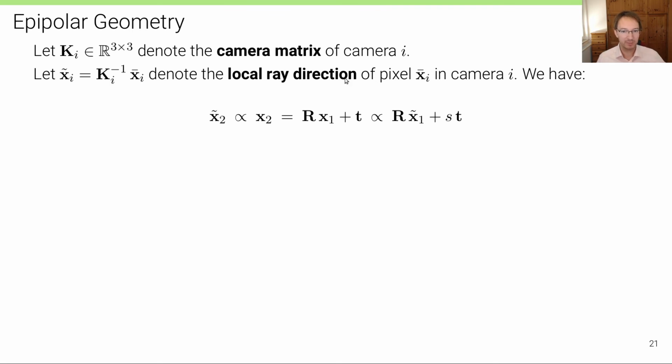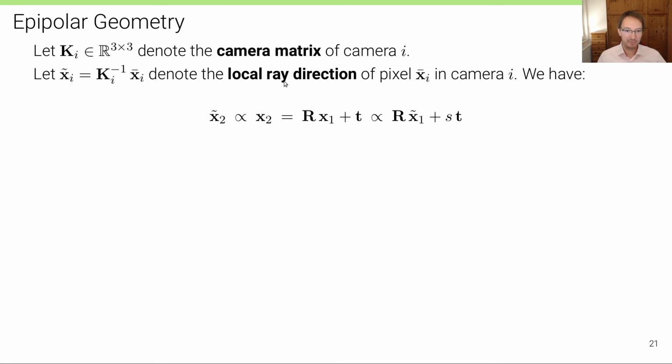So we have the local ray direction in 3D space of that pixel x bar, and we call that x tilde here because it's a homogeneous coordinate, but we're not using any further subscripts here just for simplicity. So this is the local ray direction by just multiplying the pixel with the inverse of the calibration matrix, just undoing this last step of the projection.